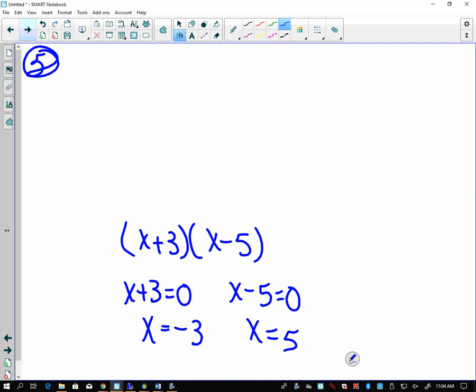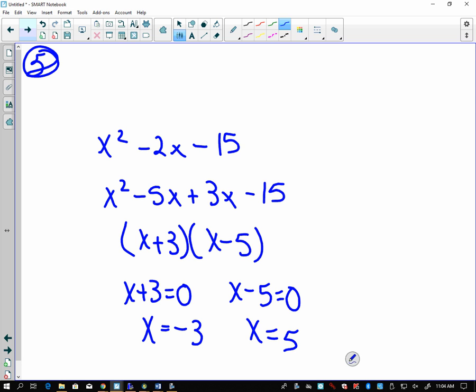But at this point, I'm going to go ahead and FOIL. x times x is x squared. x times negative 5 is negative 5x. 3 times x is positive 3x. And 3 times negative 5 is negative 15. I'm going to go ahead and combine like terms. So I get x squared minus 2x minus 15. We can write that as equals 0. And this is what? Question 5? Question 5 needs to be shown exactly like this.